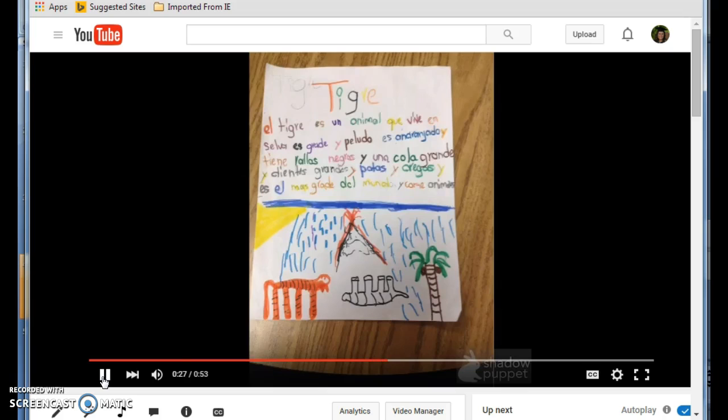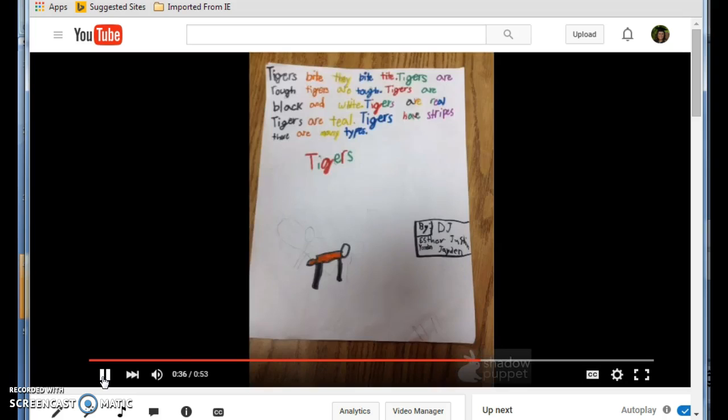Es peludo y es anaranjado y tiene rayas negras en la cola grande y dientes grandes, patas, orejas y es el más grande del mundo y come animales. Tigers are black and white. Tigers have stripes. There are many types.